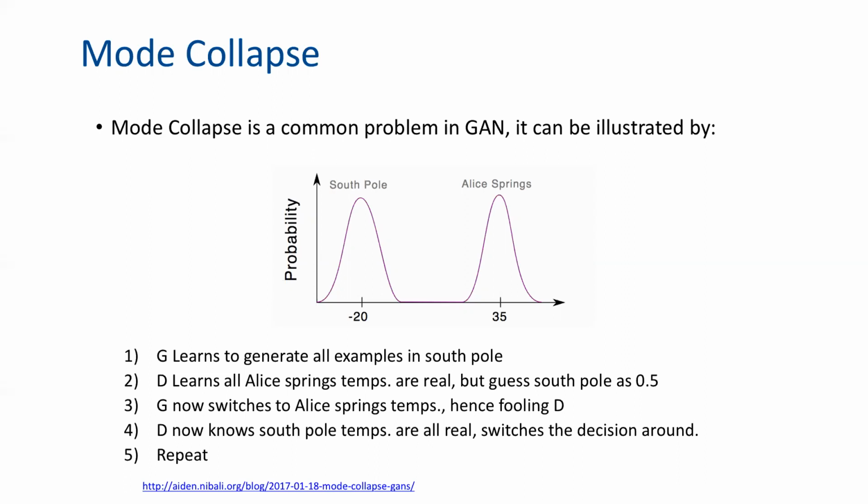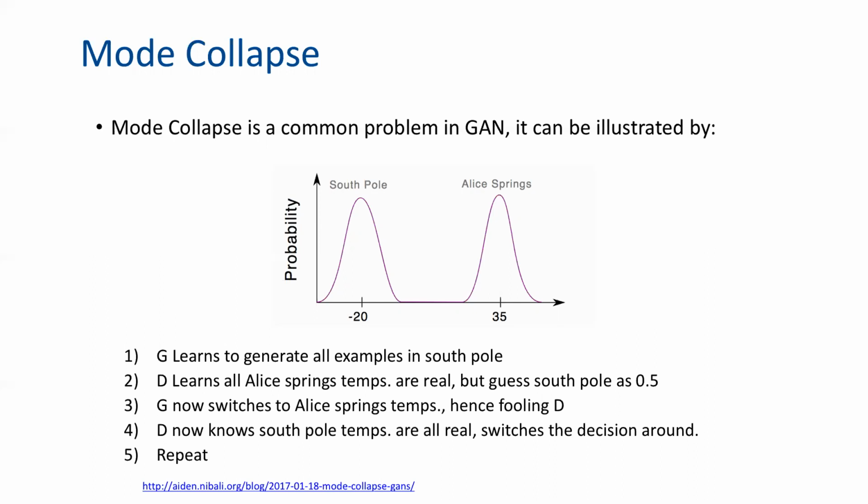But now the generator is constantly improving to try to fool the discriminator. And if it starts switching and producing all of its samples in Alice Springs, they will all fool the discriminator because the discriminator has learned to call those real images.